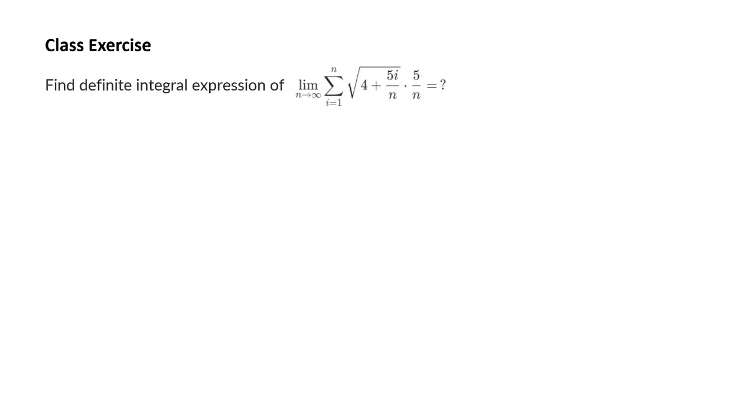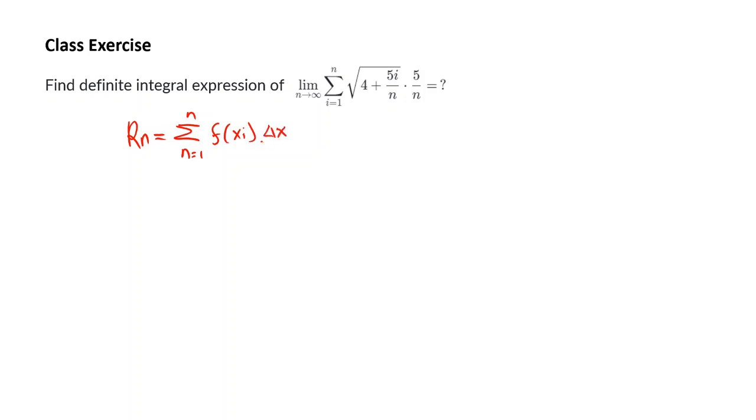The Rn form is actually a sigma from i equal to 1 until n of f xi delta x.